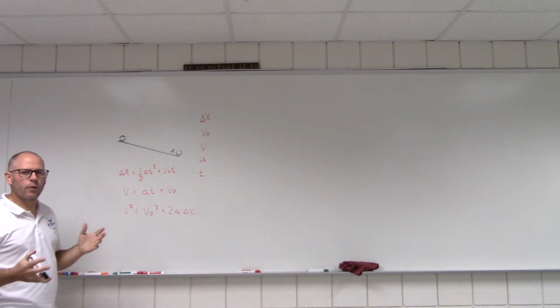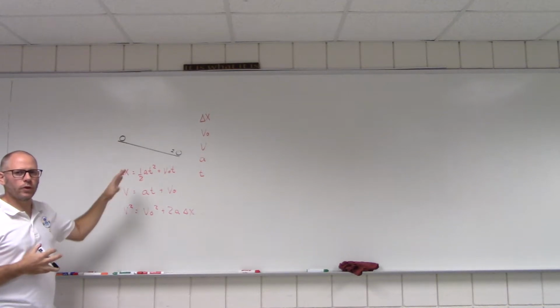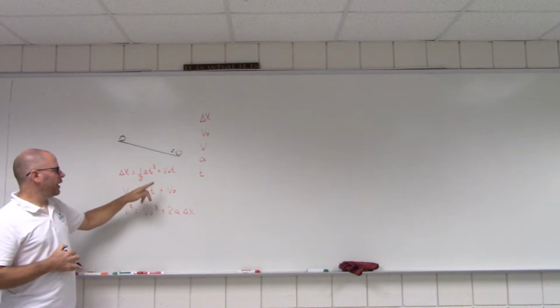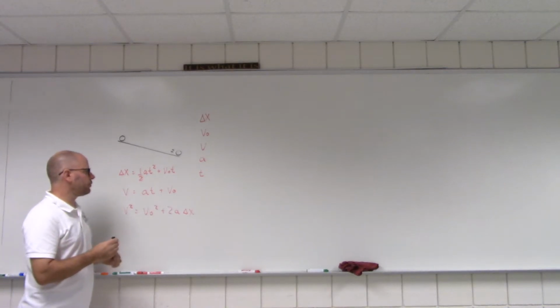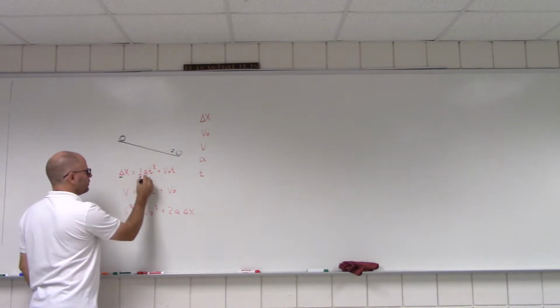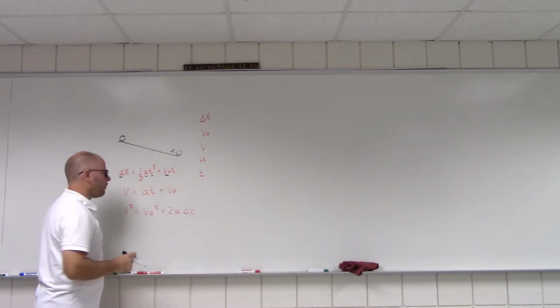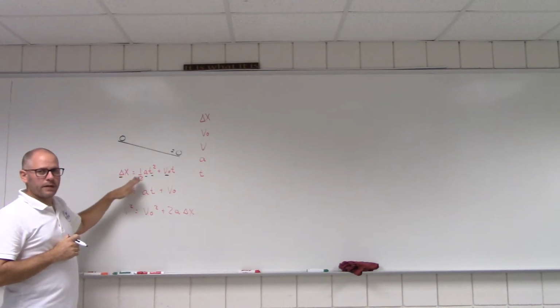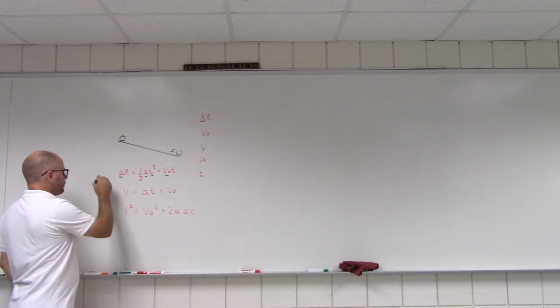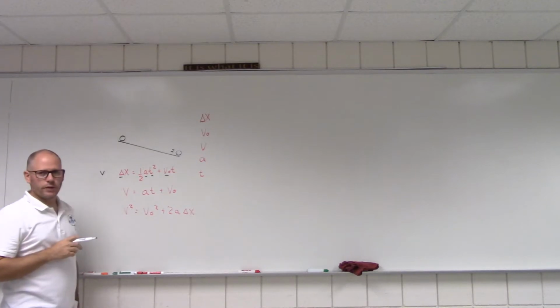And that's what really informs your decision making in terms of which equation you're going to choose to use on whatever problem you're using. Because for this one, for example, you have displacement, acceleration, time, and initial velocity. Nowhere in here do you see the final velocity.